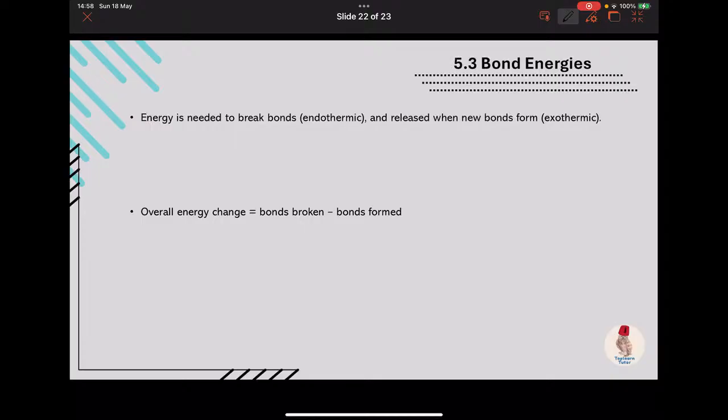So the overall change equals the energy from the bonds broken subtract the energies from the bonds formed. So making bonds, you can remember this using Mexican bend. Now Mexican bend is another mnemonic. Mexican, making, is exothermic, and bend, breaking bonds broken, is endothermic.